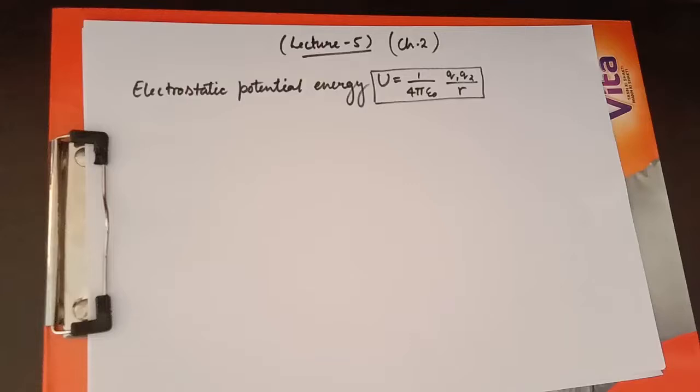As you know, the 1 upon 4 pi epsilon naught term is common in all these formulas. So the formula for electrostatic potential energy is U is equal to 1 upon 4 pi epsilon naught Q1 Q2 divided by R. Today we will start with a question related to electrostatic potential energy.